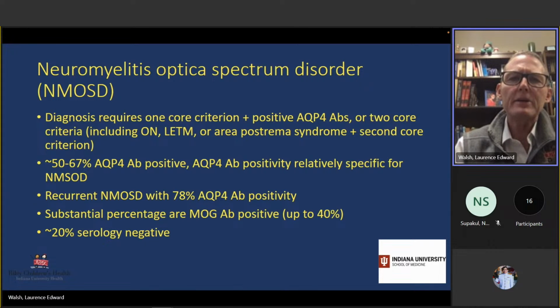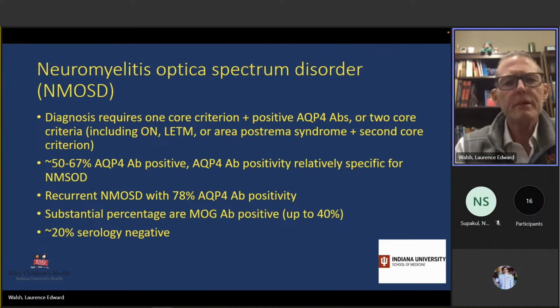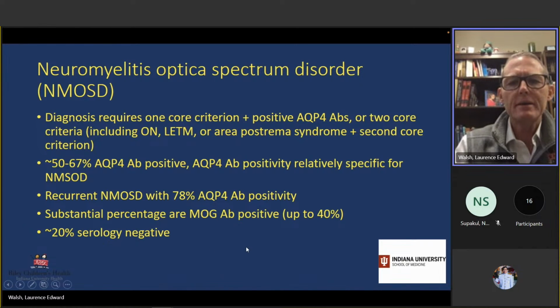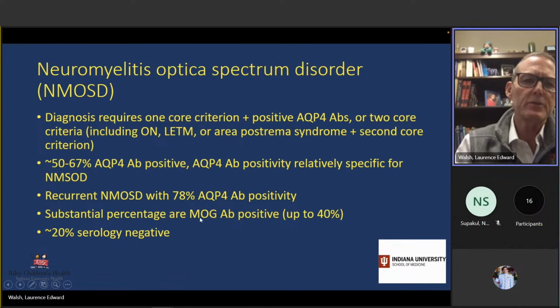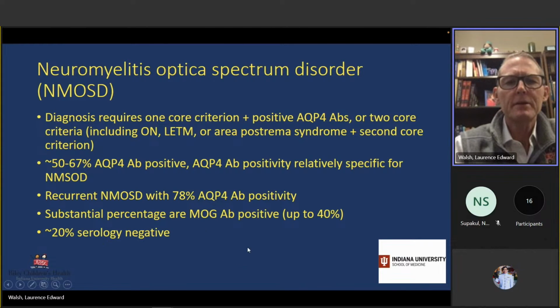So that positivity really helps us as far as the differential. And that, I think, pushes us more to this being NMOSD. If you have recurrent NMOSD, that goes up. But up to 40% of these are also MOG positive. And these numbers obviously don't get up to 100, so it depends which study you're looking at.